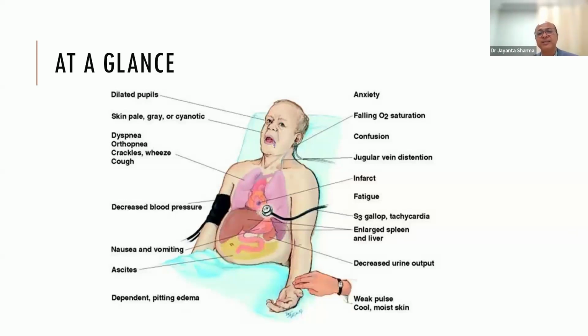In the heart, we may get the S3 gallop. There may be hepatomegaly, splenomegaly. In the pulse, there may be a weak pulse, the patient has ascites, and in the lower limb there may be pitting or bilateral dependent edema usually. So this is the classical picture of an elderly heart failure patient inside the ICU. At a glance, if we see from head to toe, these are the pictures of a heart failure patient.